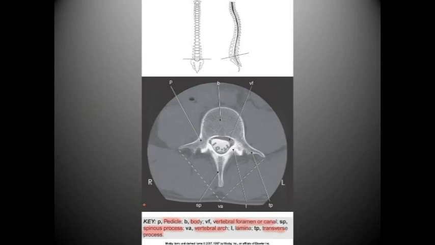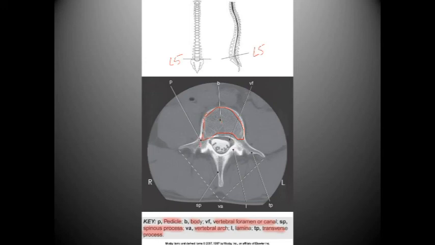So here is what this actually looks like on CT. Notice that we are at L5, and at L5 we're seeing that we have the vertebral body, which is the structure here.